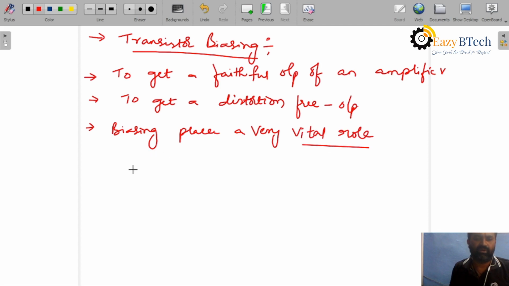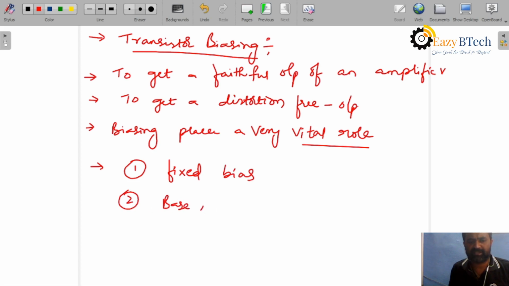Okay. Now, depending upon this, biasing has been classified into different kinds. The first one is fixed bias. Second one is base collector feedback bias. Third one, self bias.